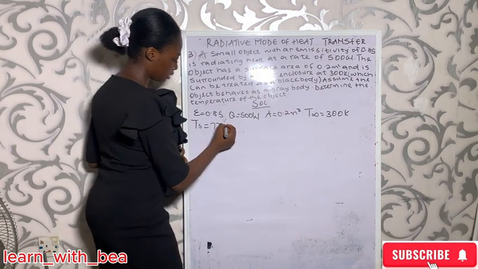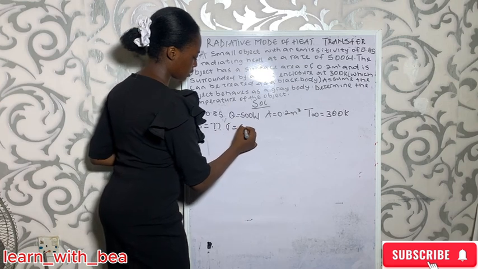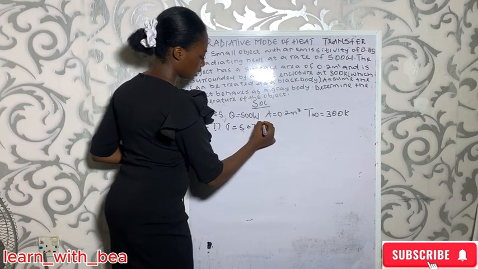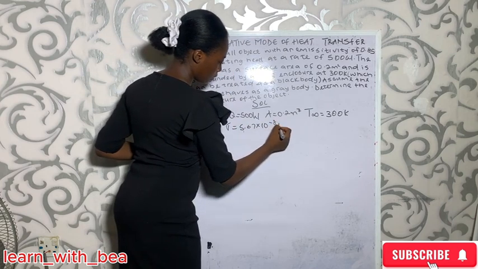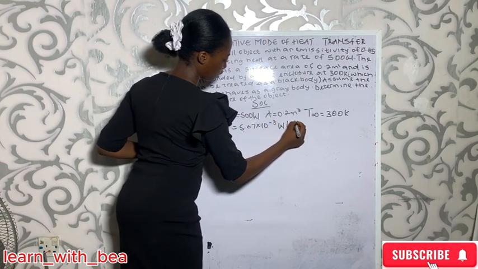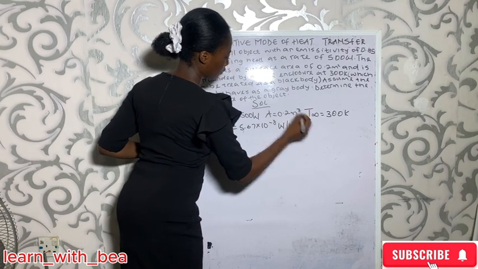Our constant, the Stefan-Boltzmann constant, is 5.67 times 10 power minus 8 watts per meter squared Kelvin to the fourth.